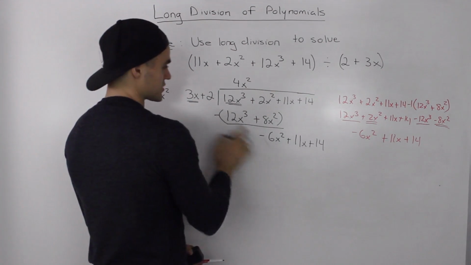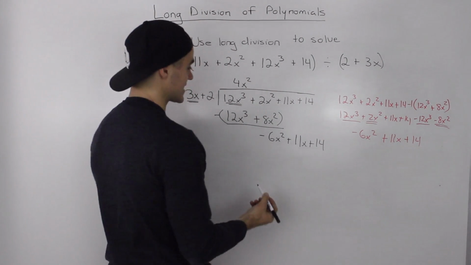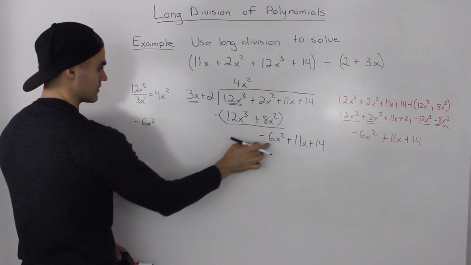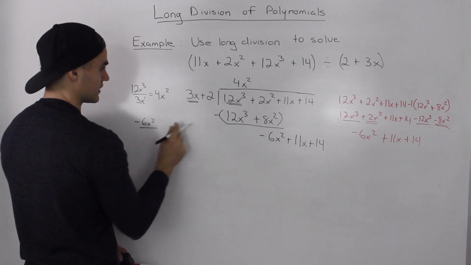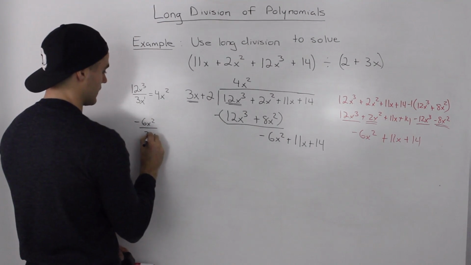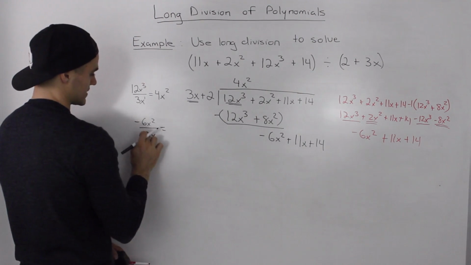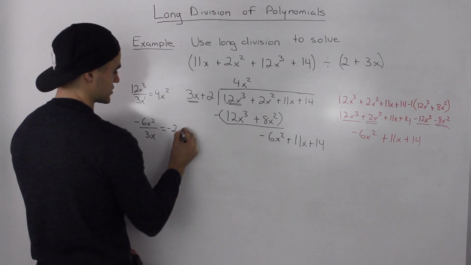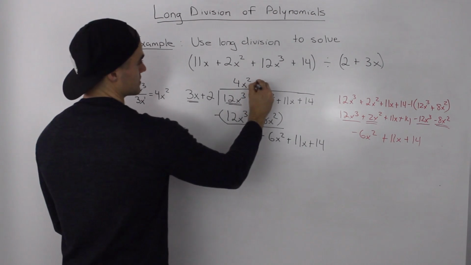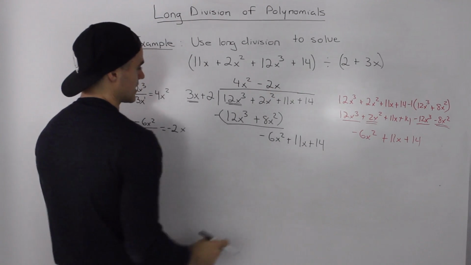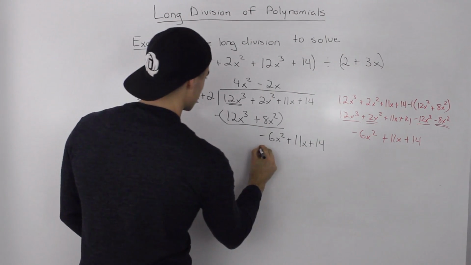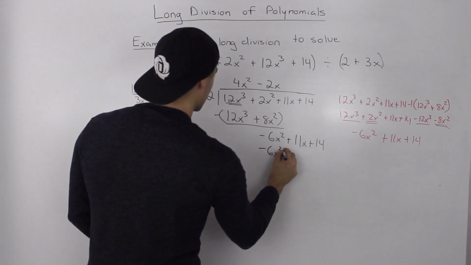Now, how many times does 3x go into negative 6x squared? Well, we can do that on the side, so negative 6x squared, the first part of that new dividend, divided by the first part of the divisor. So negative 6 divided by 3 is negative 2, and then x squared divided by x is just x. So it goes in negative 2x times. Negative 2x times 3x, that ends up being negative 6x squared.